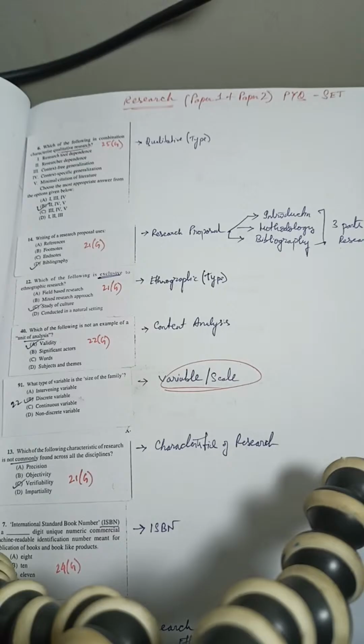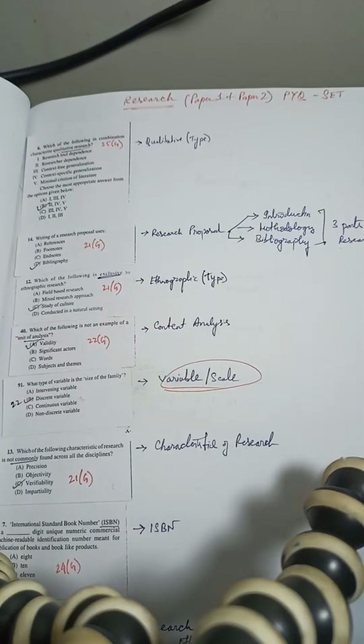In some questions it might give the word not for emphasis, but here not is not given. So the right option will be 2, 4 and 5. The fifth option states minimal citation of literature. In qualitative research we are talking about quality, so minimum citation of the literature is required, because this is qualitative research.